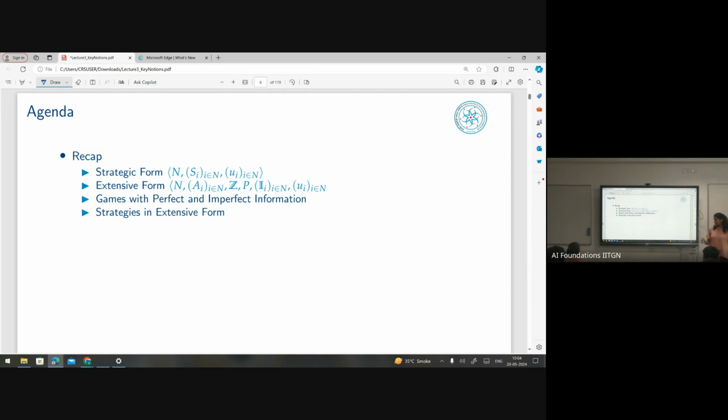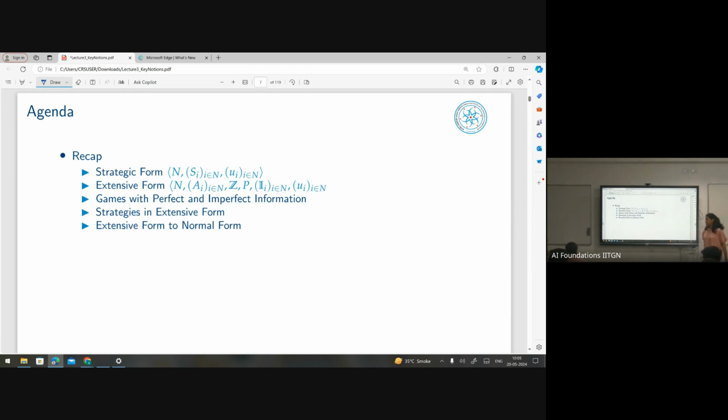Then we saw that we had a different definition of what strategies are in an extensive form game, right? And they were different from the corresponding actions that we have over here.